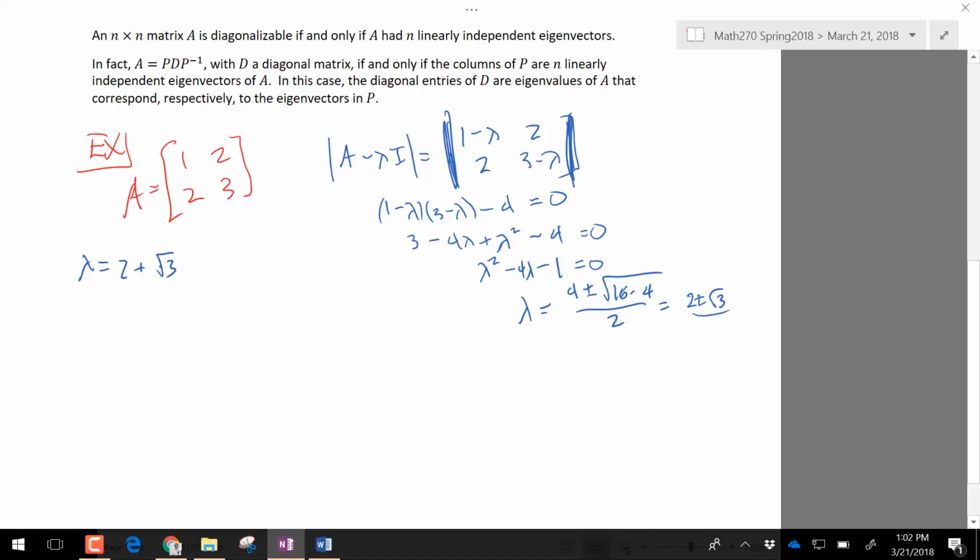So let's take lambda equal to this for now. Let's do this in a different color. Lambda is equal to 2 plus square root of 3. There are 2 lambdas, but we're going to find eigenvectors for each of them.